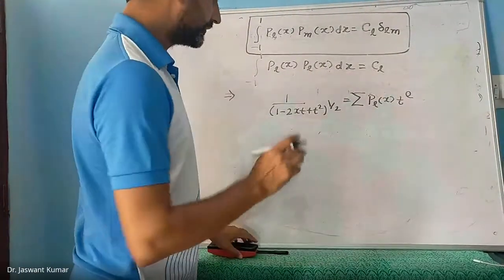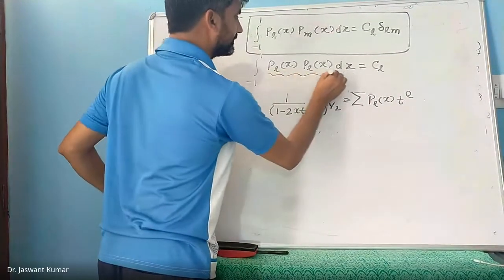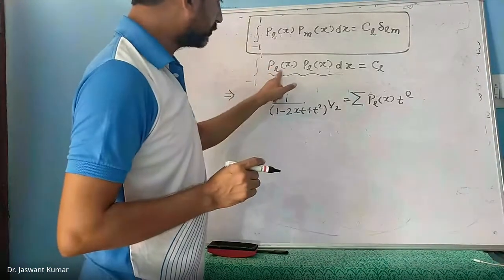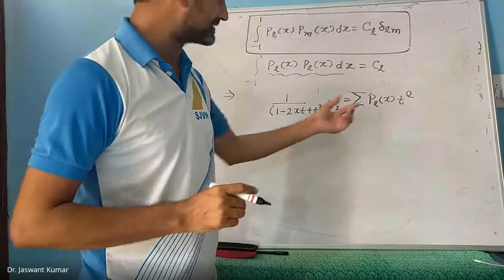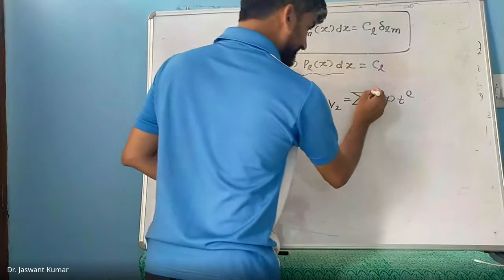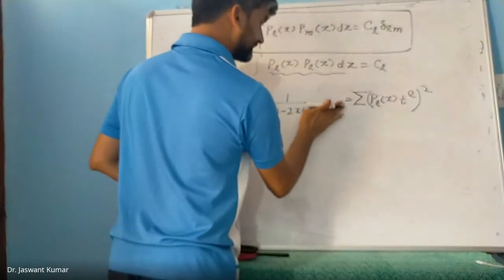Okay, so now we try to write this. In this we know that there are two PLs involved, so we need to take a square of this. If you take a square of this, then it will be like this.